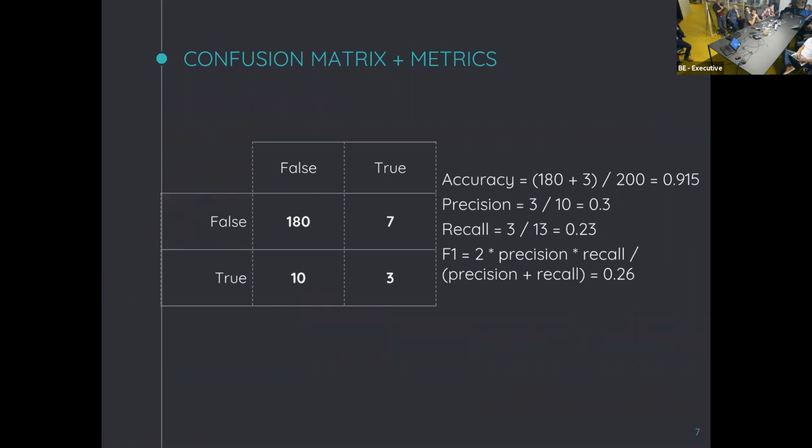F1 score is basically the harmonic mean between precision and recall. So it weights them equally and then creates a mean. Harmonic mean is always lower than the normal arithmetic mean. So again, it gives a result that is only really good if your algorithm actually performs well. And that's something we're going to use. Yeah, it's good practice to use F1 if you have no clue what you're going to do.